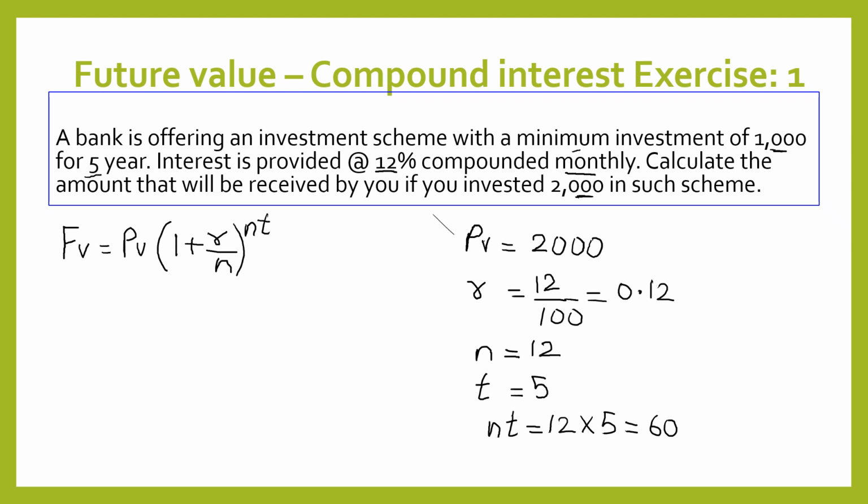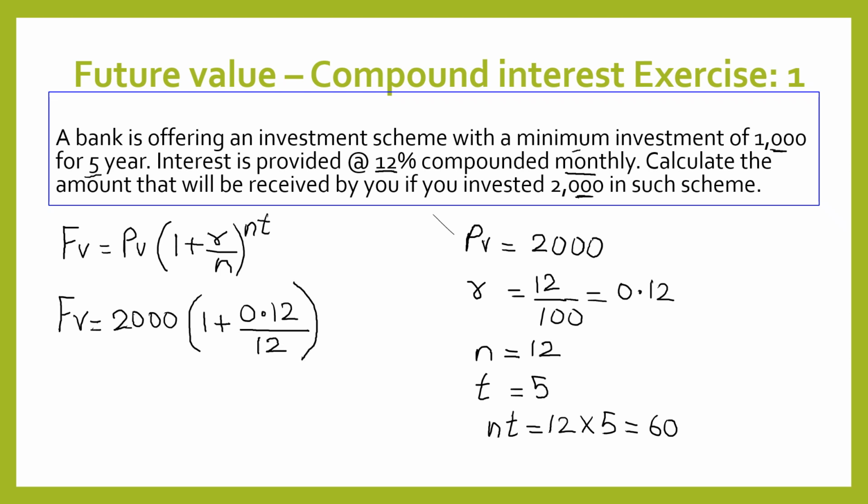Now this thing we will just substitute in the formula. So future value is equal to, the formula is already ready, the present value is 2000. So 2000 into bracket 1 plus, see our R is 0.12 divided by n. n is 12 because my interest is compounded monthly.